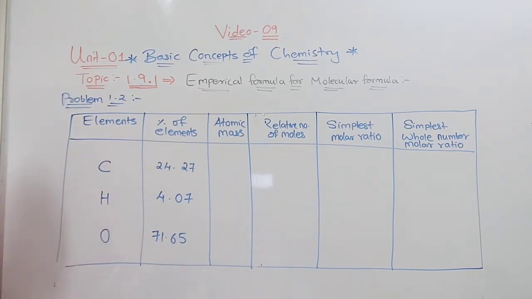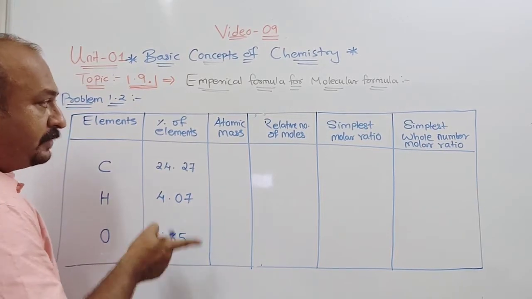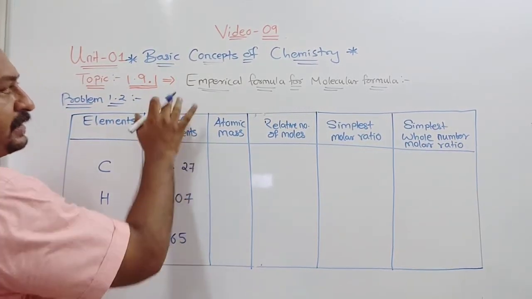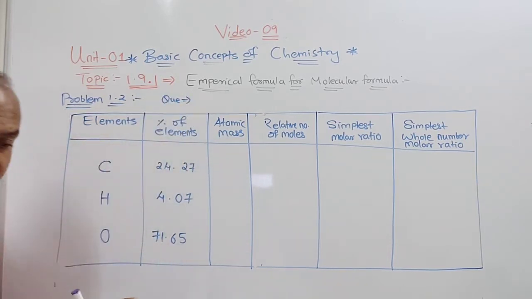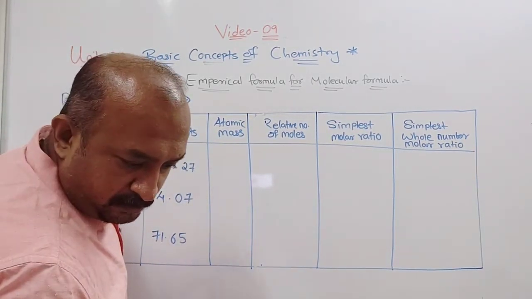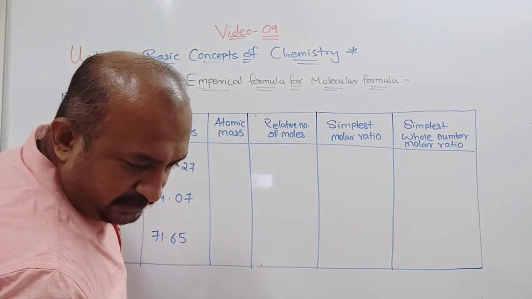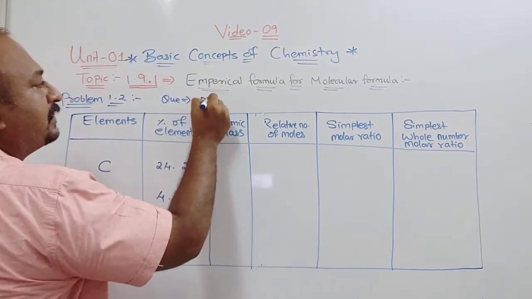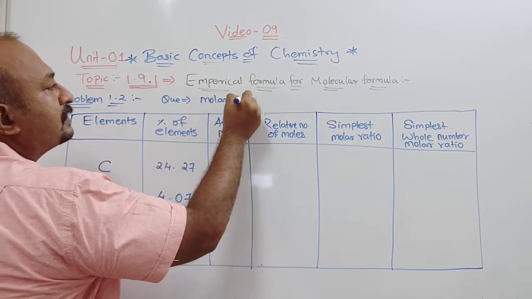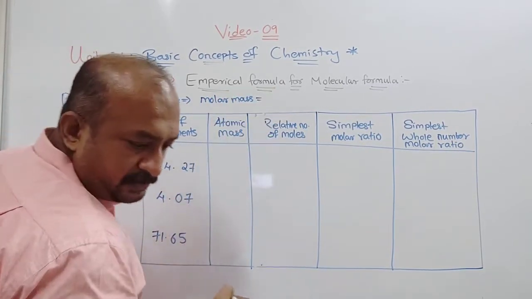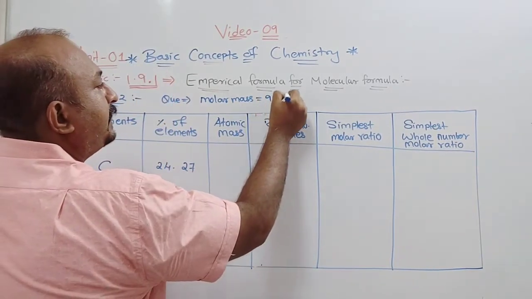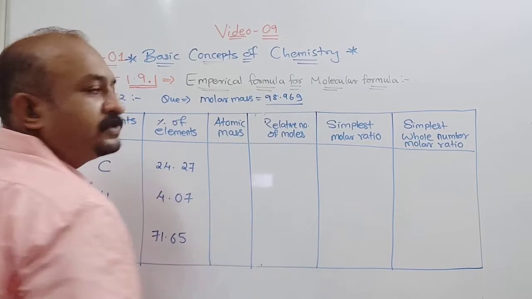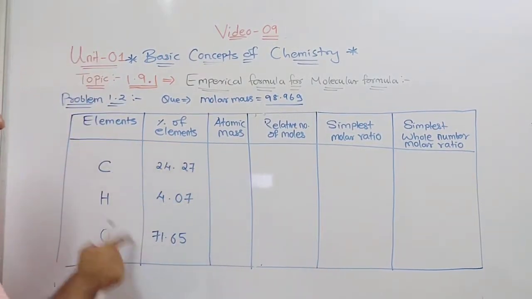Understood now? This part I think it is clear. Now all these percentages were given in the question. Clear? The second thing given in the question was molar mass. Molar mass is equal to 98.96 gram, like this it was given. Okay, so these are the data that were given in your question.